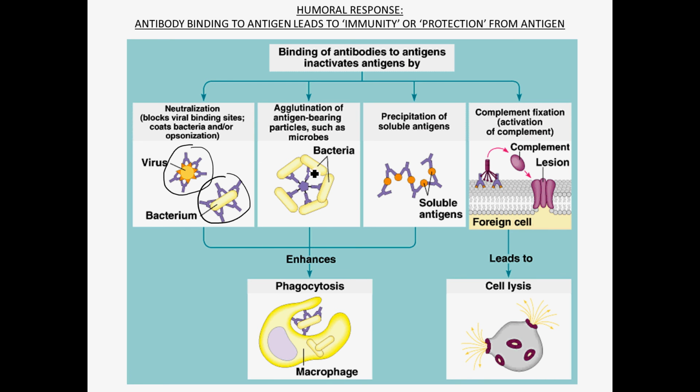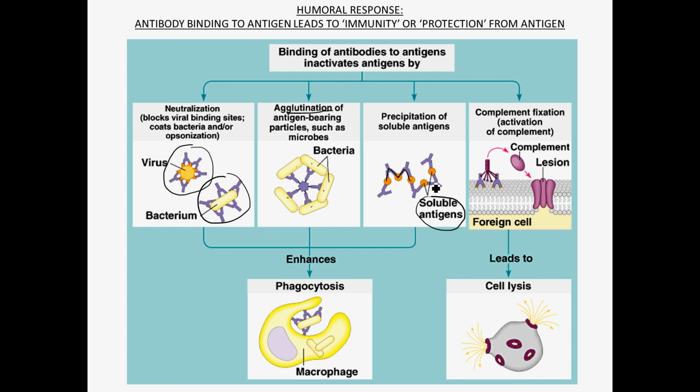Antibodies will also cross-link several bacteria together and again help to prevent them from infecting other cells. This is agglutination, this clumping of them all together. You can have soluble antigens dissolved in the plasma, dissolved in the fluid, and when the antibodies bind to them, it brings them out of solution, and then you get this cross-linking, where now these individual antigens cannot enter cells and infect them.